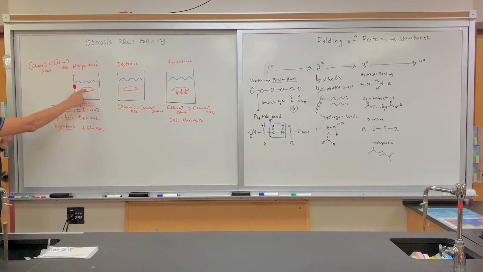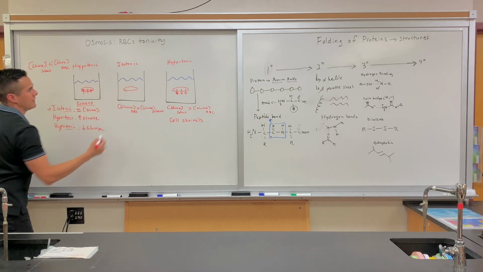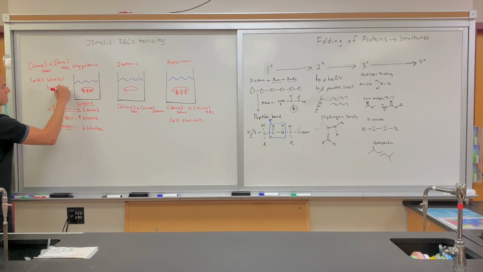So we have a higher concentration of glucose in here. So what is going to be the direction of the flow of water? It's going to go inside. It's doing the opposite of a hypertonic solution. And what is going to happen to our cell? Is it going to shrivel or is it going to bloat and burst? Yeah, so our cell bloats or bursts.